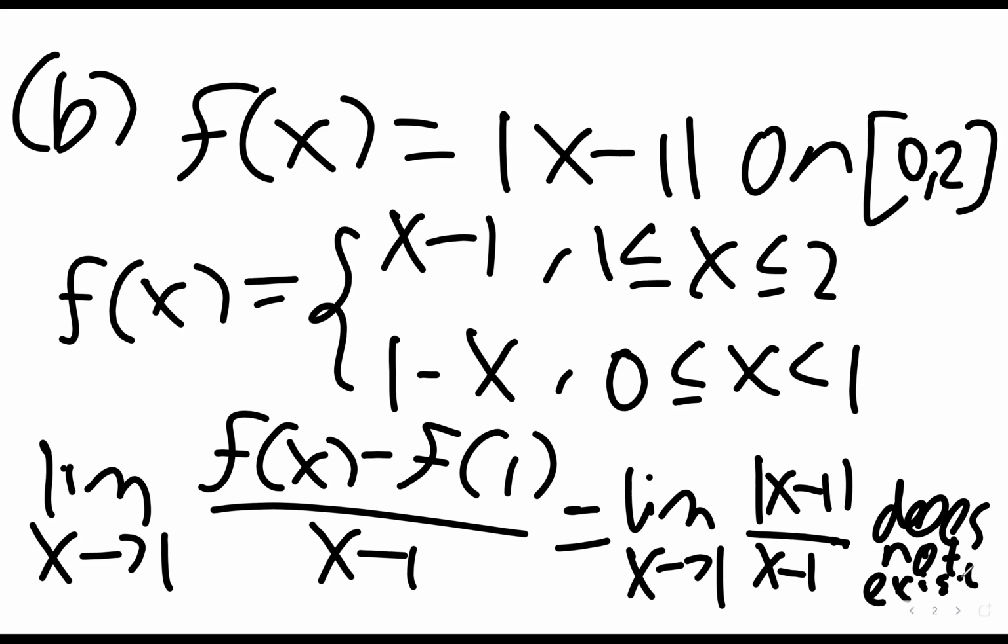Now, if you want to find the extreme value, then we have to compare. Obviously, this function does not have a stationary point, because the derivative of the function at x not equal to 1 is 1 or minus 1, so it's never 0.